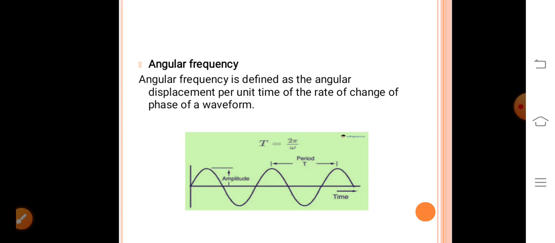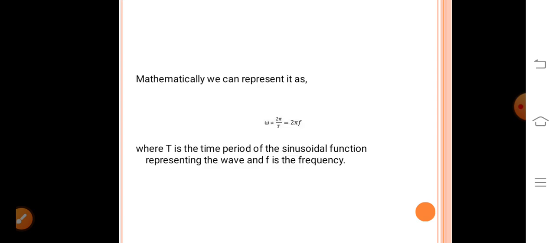So we say that the angular frequency is the angular displacement per unit time, or rate of change of the phase of a waveform, and its mathematical formula can be represented by omega is equal to 2 pi upon T, where T is the time period. And when we describe this angular frequency in terms of frequency, we represent it as omega is equal to 2 pi f. Thank you.